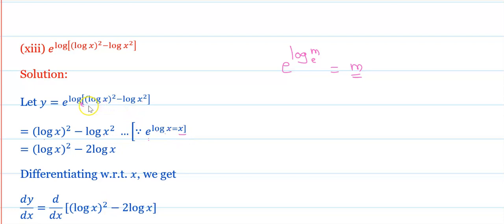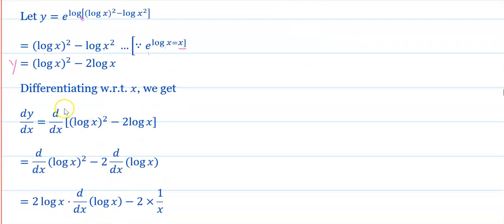Similarly here, (log of x)² minus log of x². Now the problem is easy. This is y. Therefore, differentiating this with respect to x, dy by dx is equal to d/dx of (log of x)² minus log of x². Okay. Now this log of x² can be written as 2 times log x, by using the rules of logarithm.